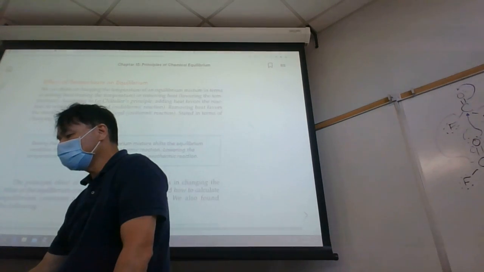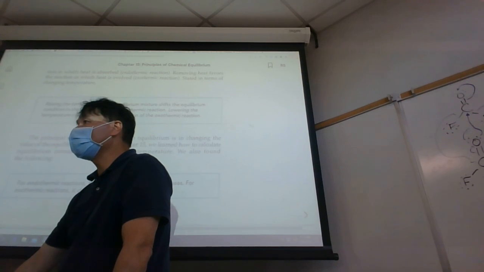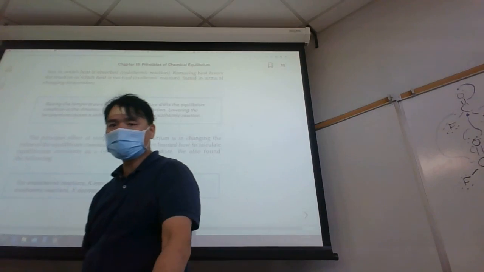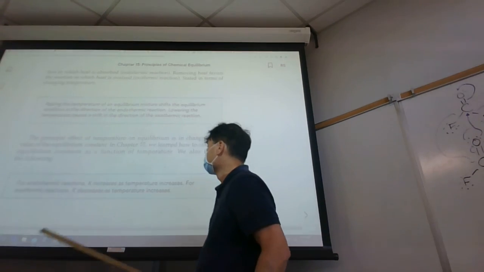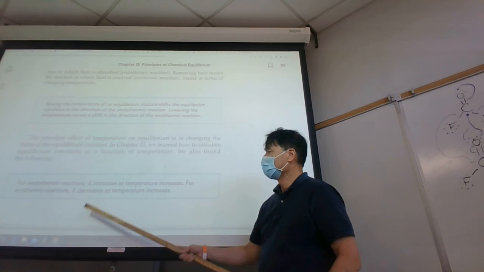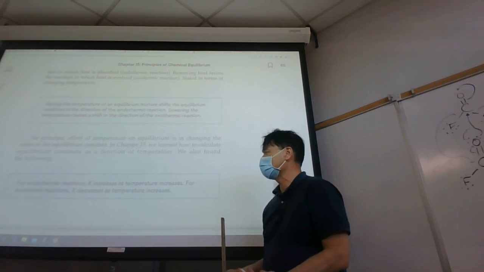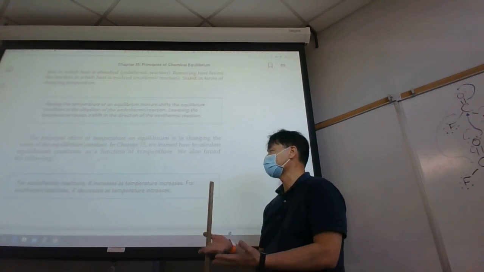Now, this is not a shift. The previous shifts we talked about were where K didn't change. In this case, K actually changes. When we change the volume, the pressures, or the concentrations, K does not change. We just upset the balance.